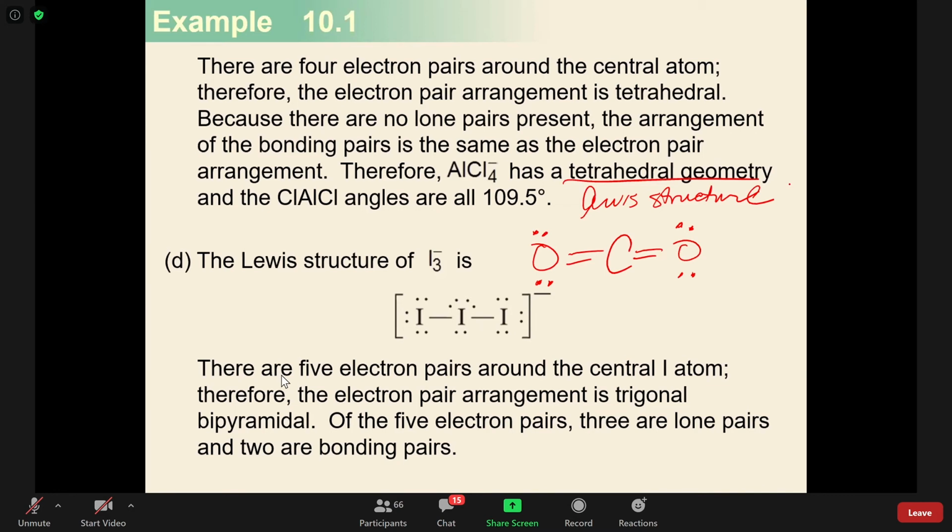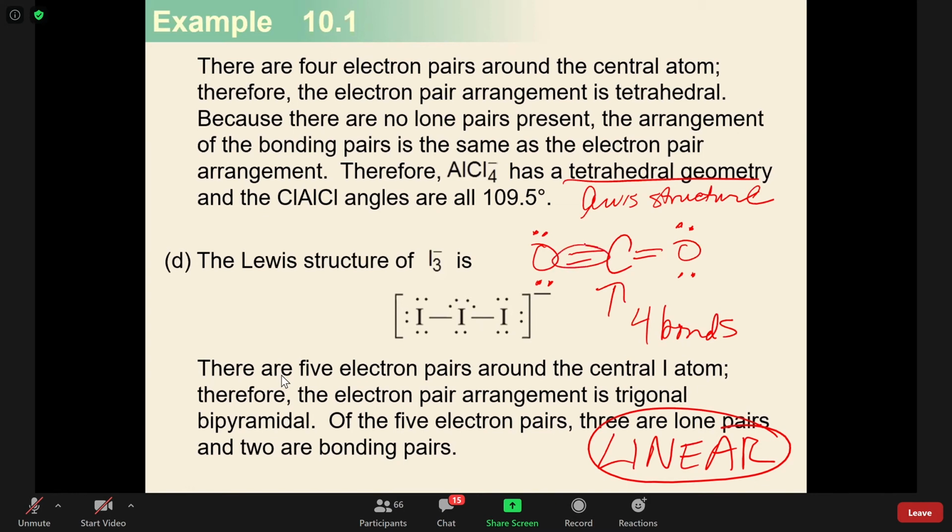I've kept saying if you have 4 bonds that you're going to have a tetrahedral molecule, right? I've said that over and over again. Or if you have 2 bonds and 2 lone pairs, or 3 bonds and 1 lone pair, you're going to have a tetrahedral molecule. This most certainly has 4 bonds around the carbon, but it is linear. So what does this mean? It means at this stage of the game, until we learn more, if we see a double bond in our Lewis structure, we're going to treat it in terms of the molecular geometry like a single bond.